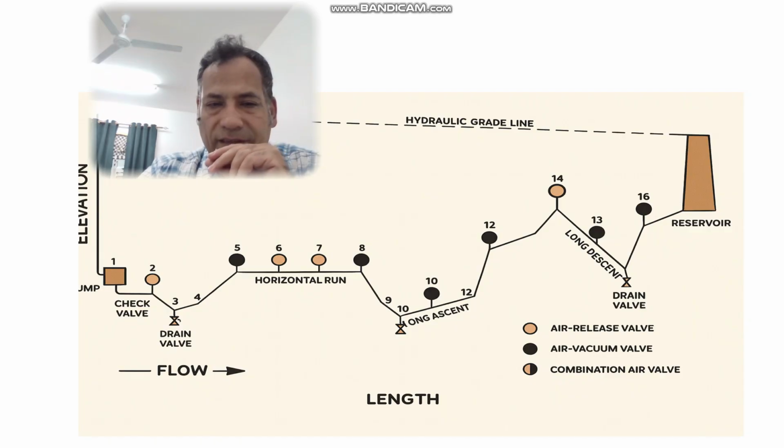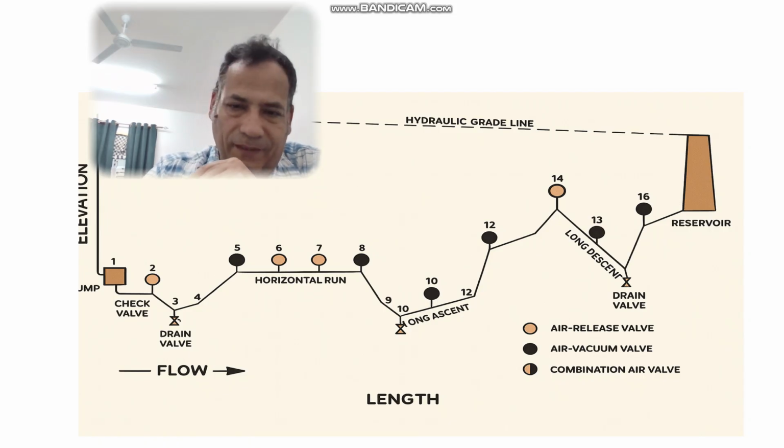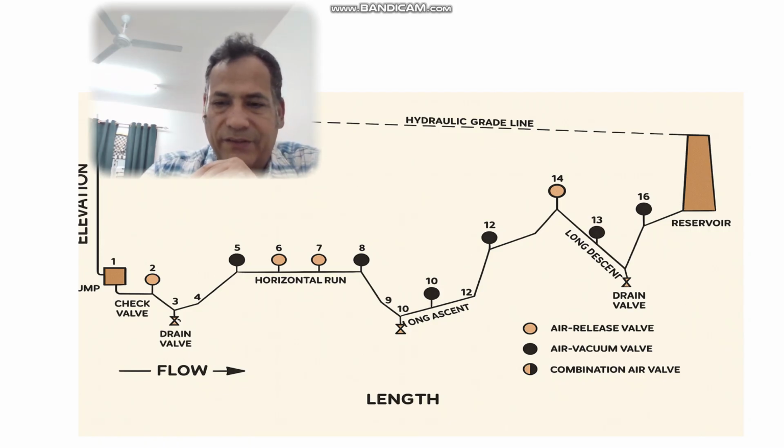Along this pipeline we have a lot of points. Here you can see the low point, highest point, drain point, pump station and reservoir. And if you see some numbers here, this is the recommendation for installation of air valves.